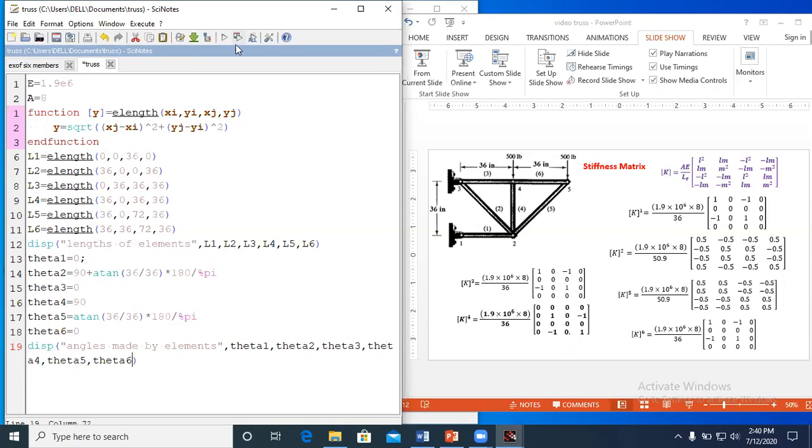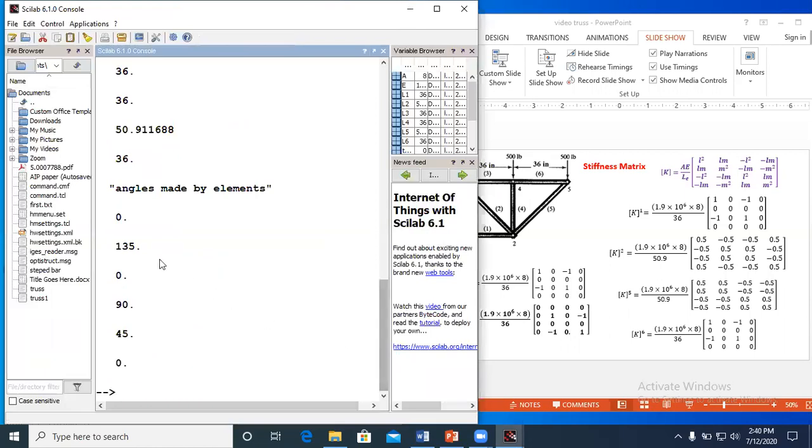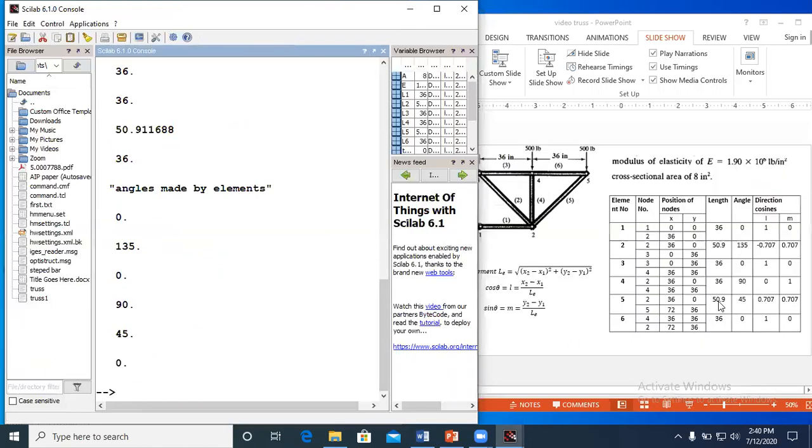Now again you run this program, click on the save and execute button. Now you can see here the first angle is 0, second is 135, third is 0, next is 90, 45, 0. These are the angles made by the first element, second element, third element, fourth, fifth and sixth element.